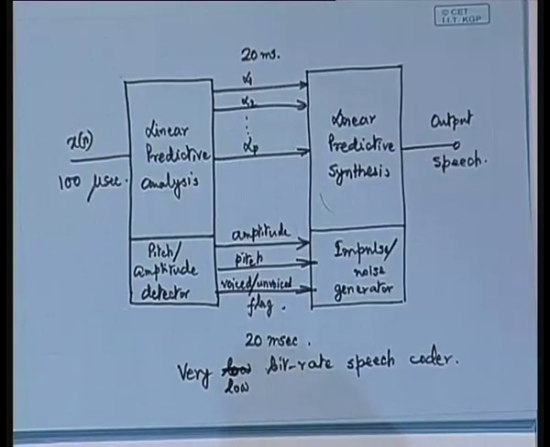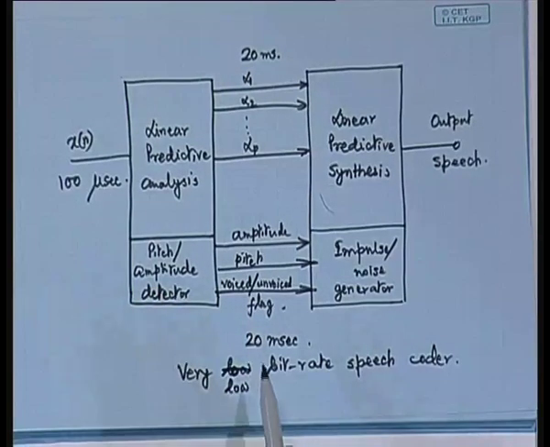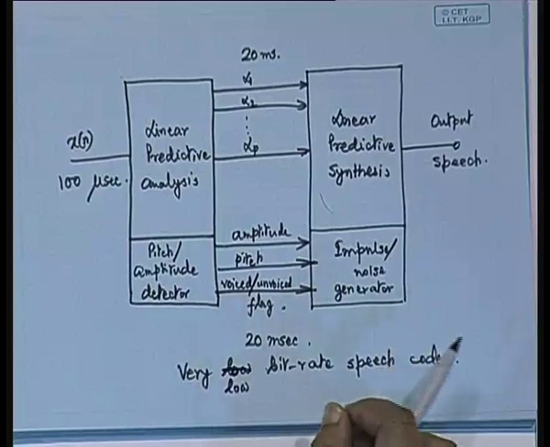Now, what we have really seen is that linear prediction separates out the excitation properties of the source from the vocal tract filter. The source parameters can be derived from the error signal and the vocal tract will be represented by the linear predictive coefficients.